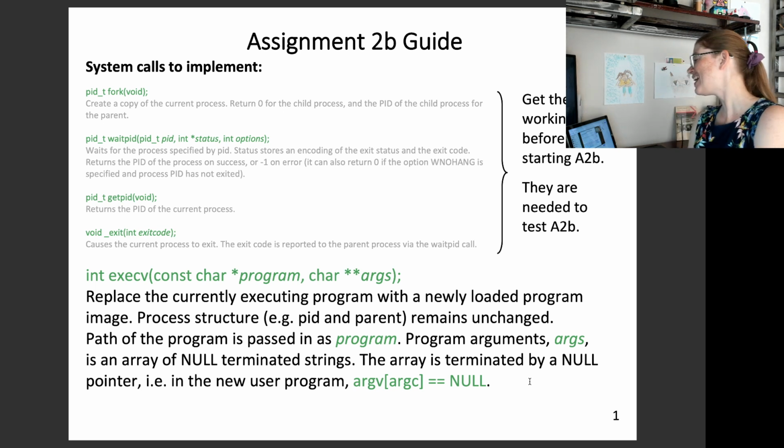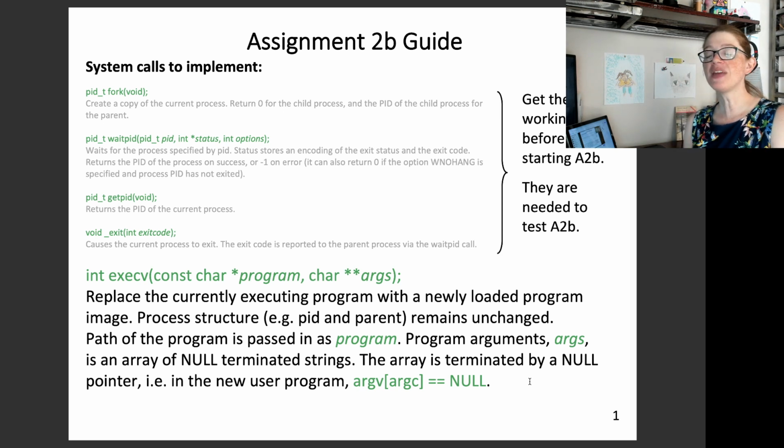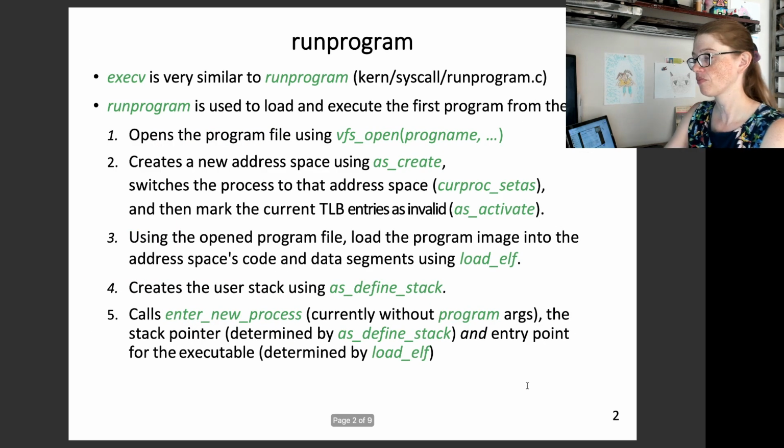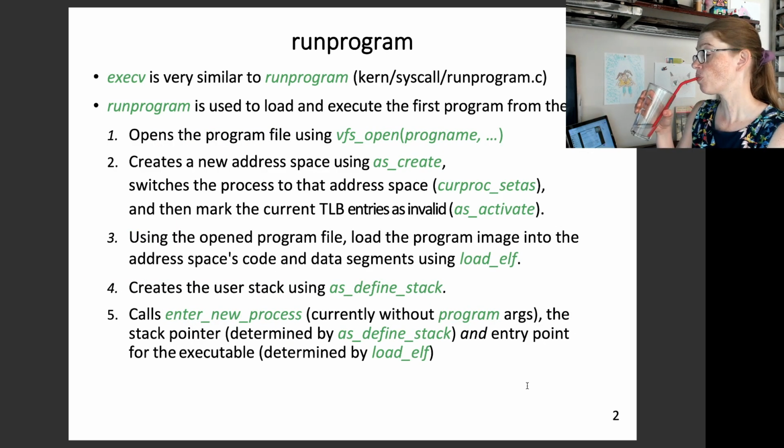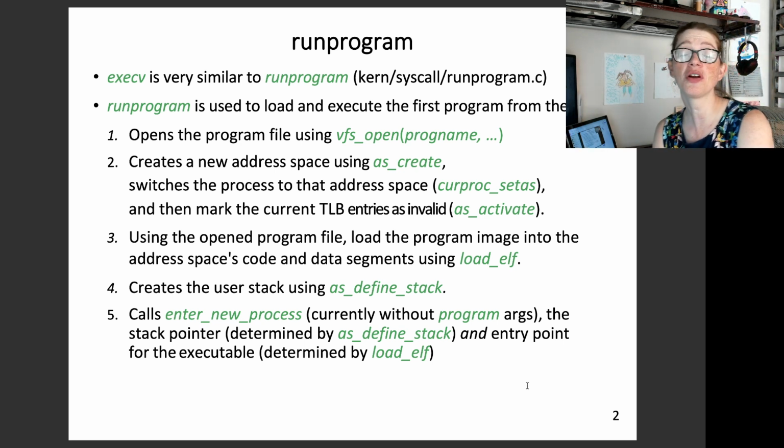Remember that execv is not creating a new process, but changing the program that an existing process is actually running. And because programs need arguments, we want the ability to actually pass arguments into our new program. Again, this is one of those situations where a lot of this code is already written for you.